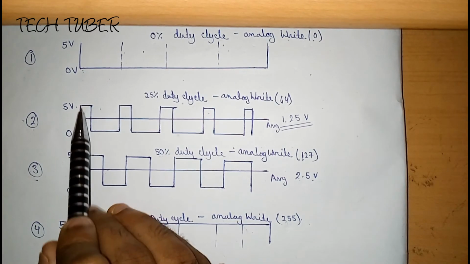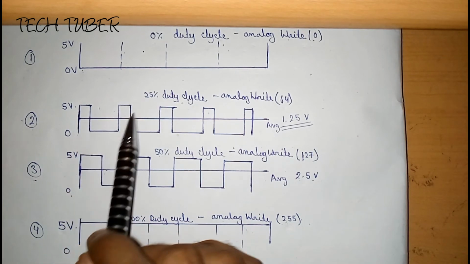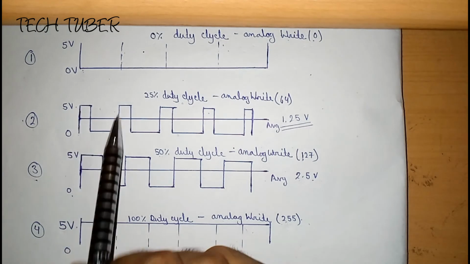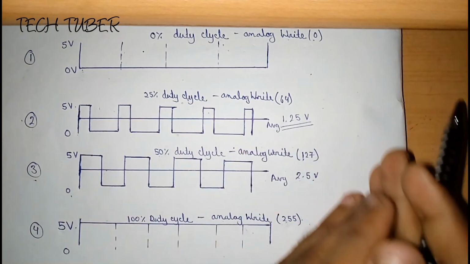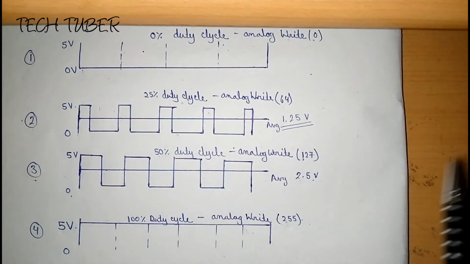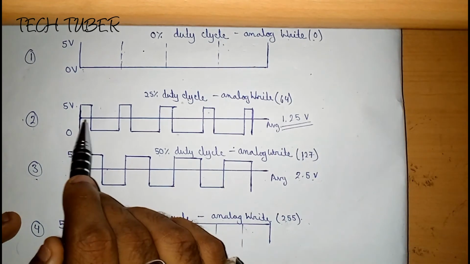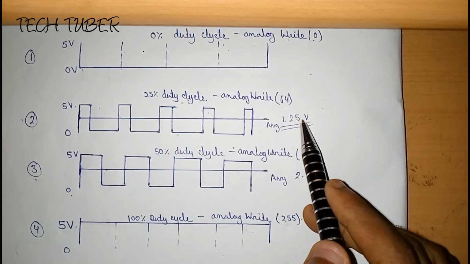That's why we are taking 25% duty cycle. This is the graph of 25% duty cycle, and the average voltage we will achieve at the output side after PWM function conversion will be 1.25 volt. This is the average voltage line. This will be 1.25 volt.